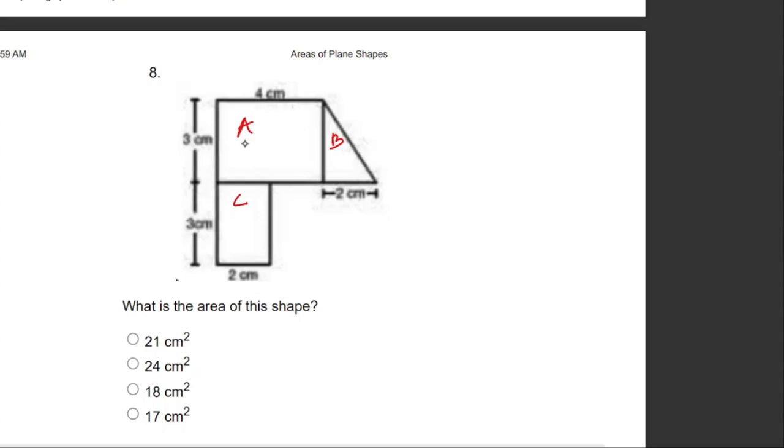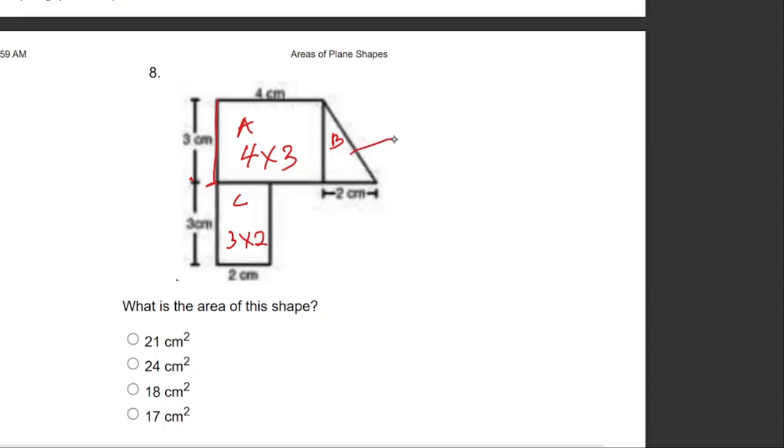A is a rectangle, which is length times breadth. So the length is 4 times the breadth here is 3. Alright, this one, the C part is also 3 by 2. That is 3 times 2.